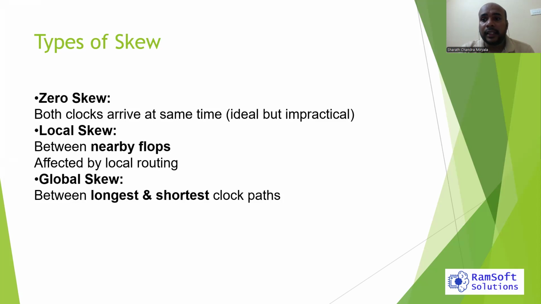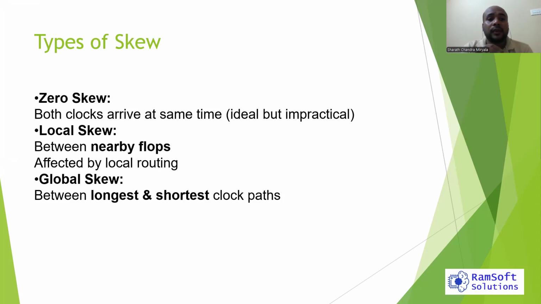Then the global skew. Let us suppose one flop is much farther from the clock source, the PLL, and some other flop is a little nearer to the PLL. Then one will be the longest clock path and the second will be the shortest clock path.